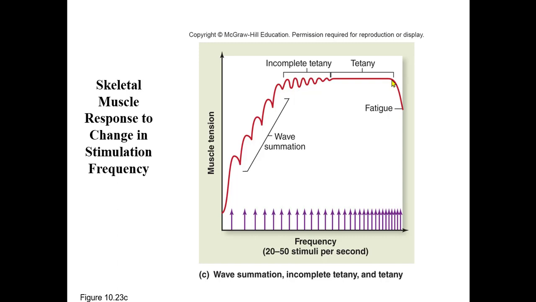One ATP to crank the myosin head, to attach to the myosin binding site, and then to pull, and then I need a fresh ATP to relax. Notice I'm not getting to relax at all. There isn't any ATP left, so eventually I cannot stimulate this muscle at all. It's going to be stiff, stiff, stiff, and then it's going to relax.